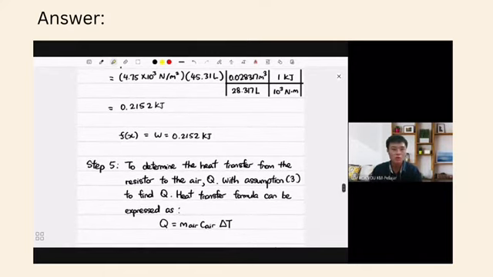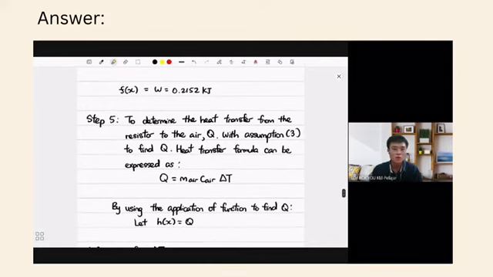So continue on step 5, to determine the heat transfer from the resistance to the air, which is Q. We're still following the assumption tree. We found Q, where there is no heat loss to the surrounding.